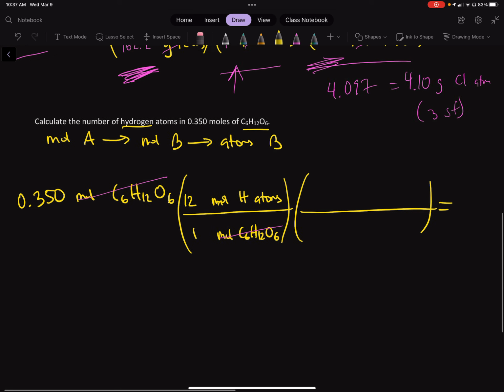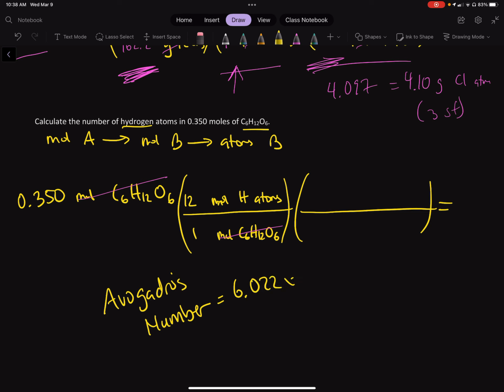And then in the second conversion, we're going to use what's called Avogadro's number. It basically is 6.022 times 10 to the 23rd things. In this case, it'll be atoms, but it's usually just atoms or molecules. It's just a number, but it's those things per 1 mole.